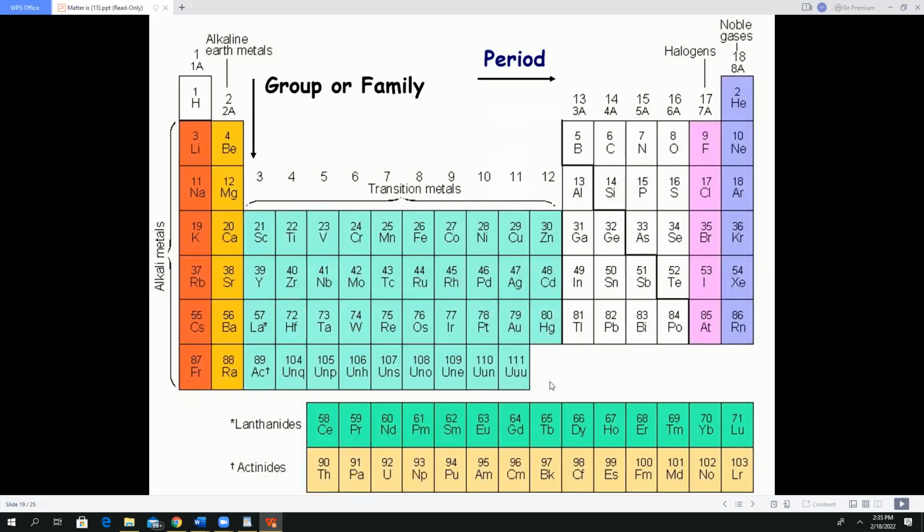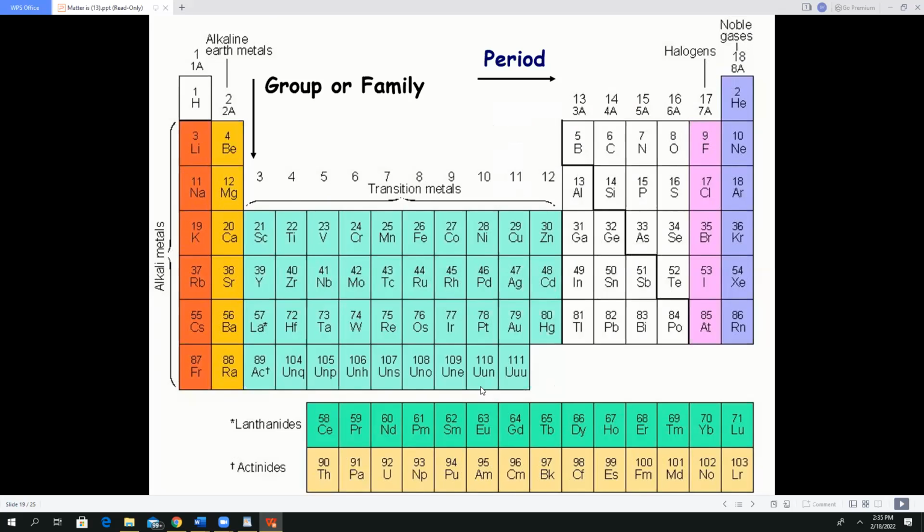All right, so here, remember we looked at these, and the most common ones are the alkaline metals, alkaline earth metals, the transition metals. I had told you about the boron group, carbon group, pnictogens, chalcogens, halogens, and noble gases.